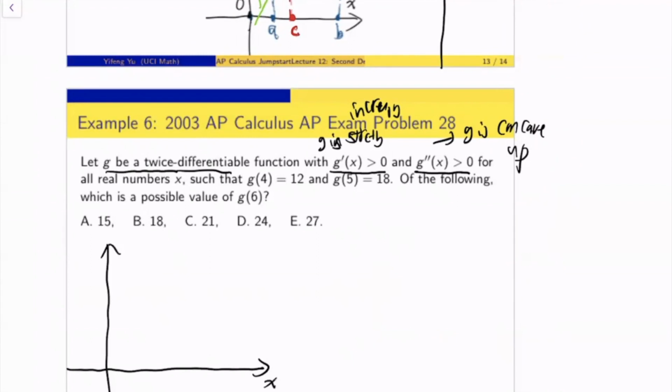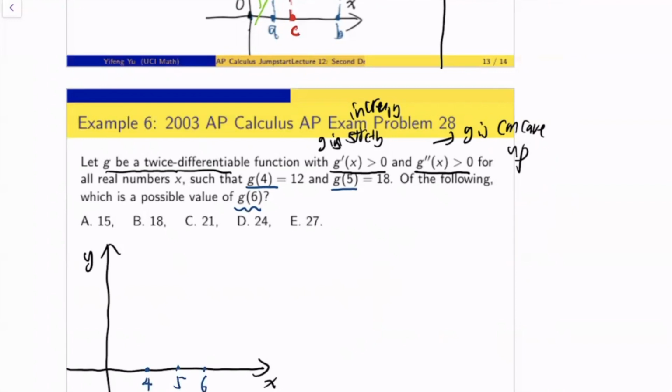Here this is X and this is Y, and we have several points we care about. G(4) is 12, G(5) is 18, and we want to find some possible value of G(6). Now this is 4, this is 5, and this is 6. Not very accurate, but let's say it's 4, 5, 6.